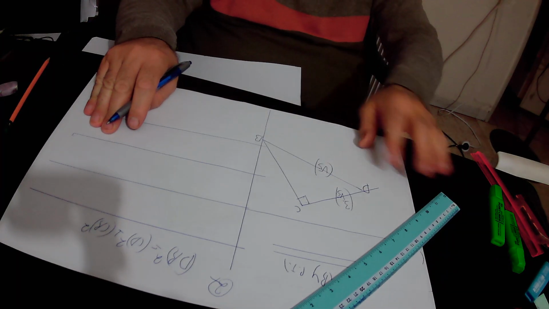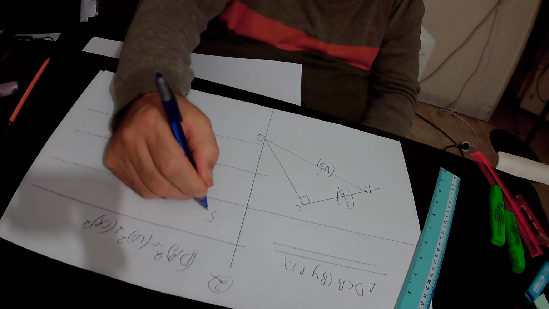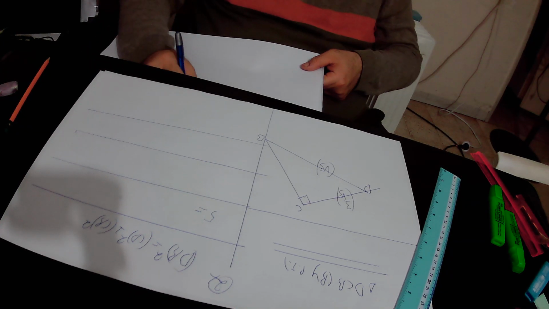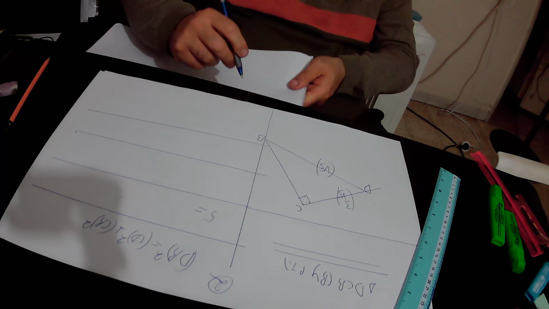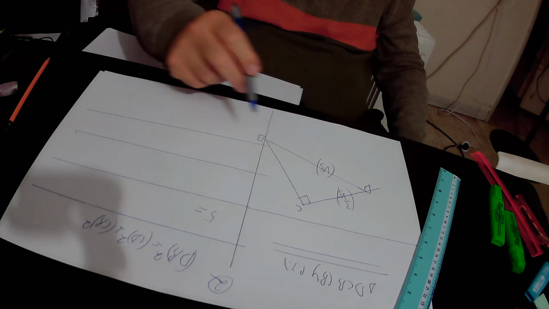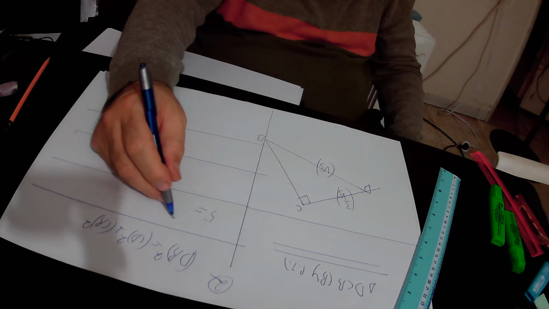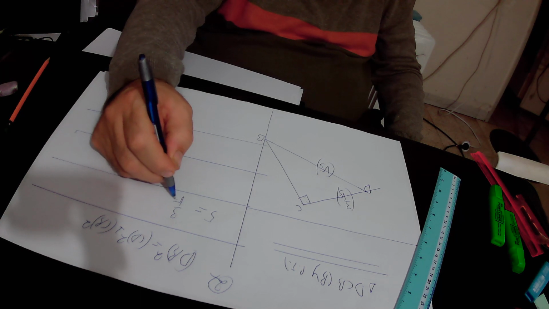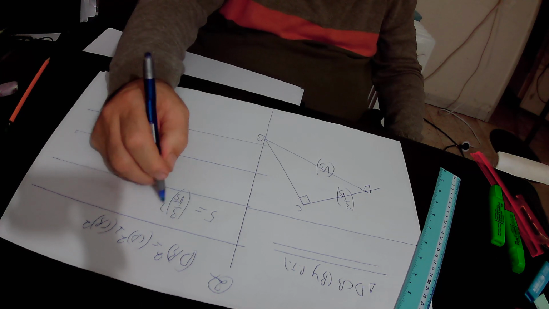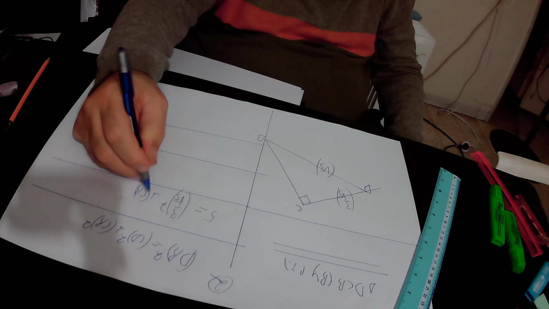The hypotenuse DB is square root of 5, therefore DB squared is square root of 5 squared, which is 5. And it is equal to CD squared plus CB squared. CD is 3 over square root of 5, therefore CD squared is 3 over square root of 5 squared, plus CB squared. CB is the missing side, so we leave it as it is.